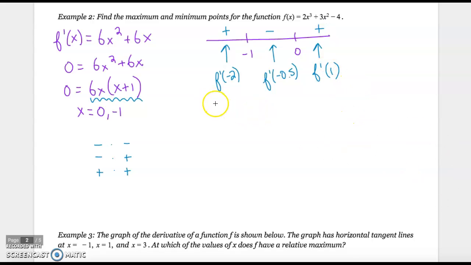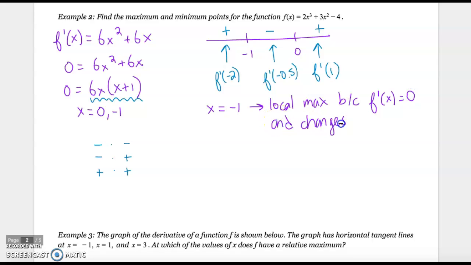Okay, so now we can confirm some things about these critical numbers. So we would say that at x equals -1, we have a local or relative max. And then your justification for that would be because f prime of x equals 0 and changes from positive to negative.